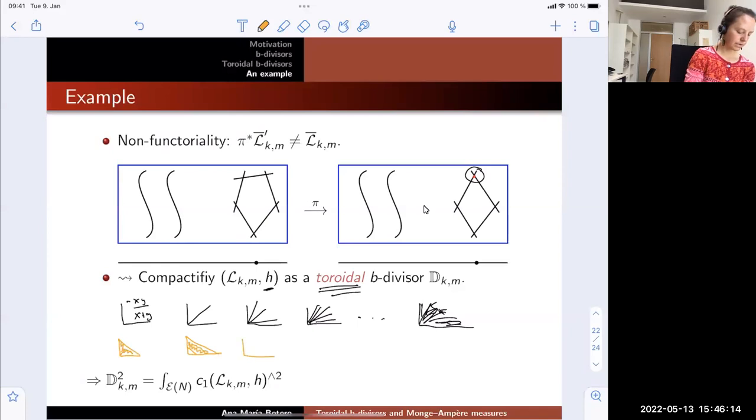So you're taking off these little simplices, and at the end, you're obtaining this convex object here. And the point is that the volume of these convex objects is given by the double point.